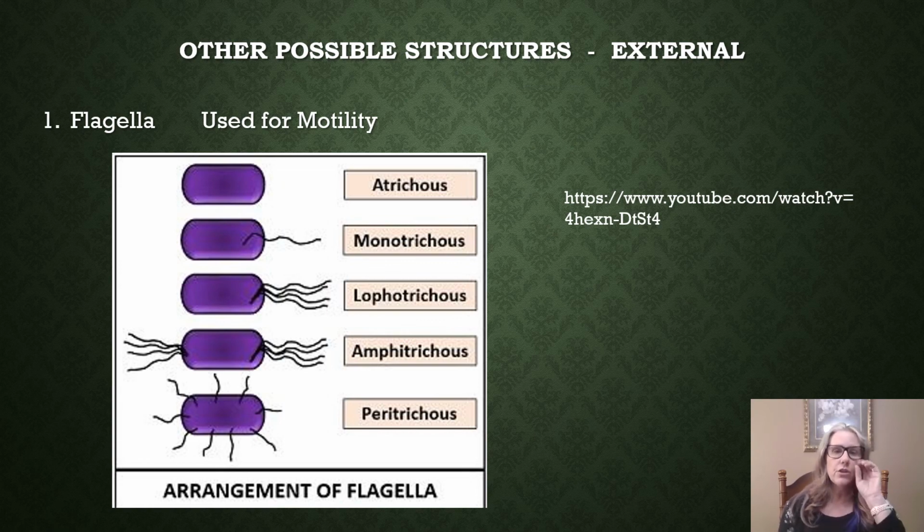So if I asked you which flagellar arrangement is when the bacteria have many flagella on one end, what would be the answer? Lophotrichous, that's right. I may ask you to describe a bacteria that has the arrangement of peritrichous. That's right, flagella that surround the cell.